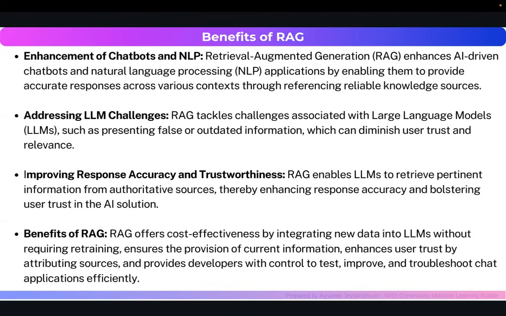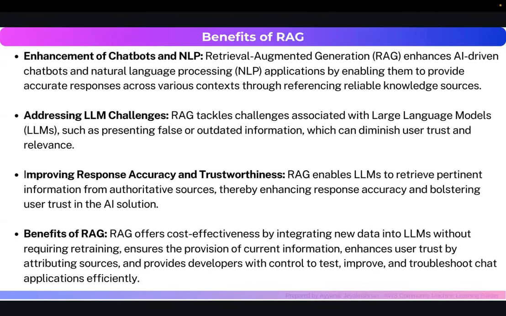And the benefits of RAG, of course: if you're using any chatbot with predefined intents and utterances, you can enhance that chatbot with RAG, where it will give you natural language conversation. So your chatbot will be more intuitive and conversational AI.